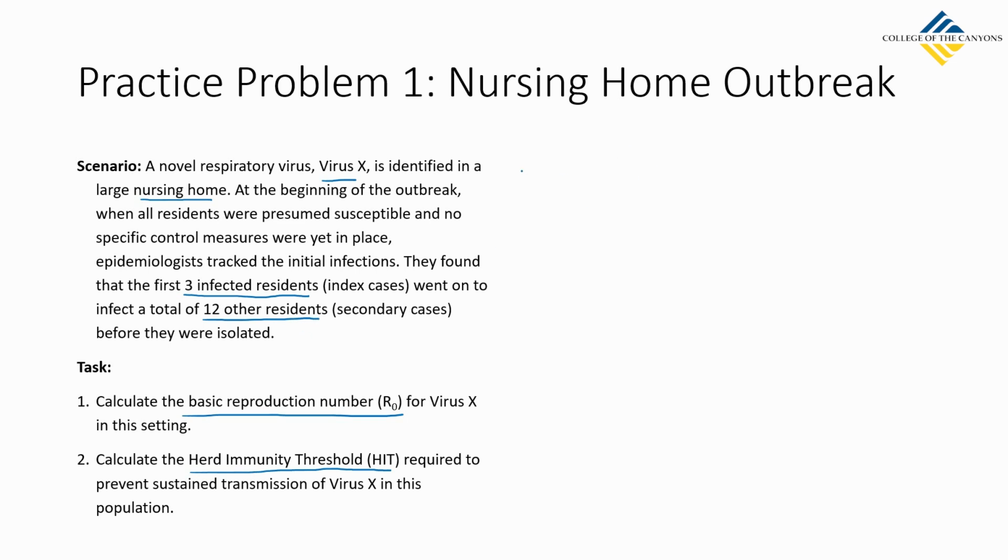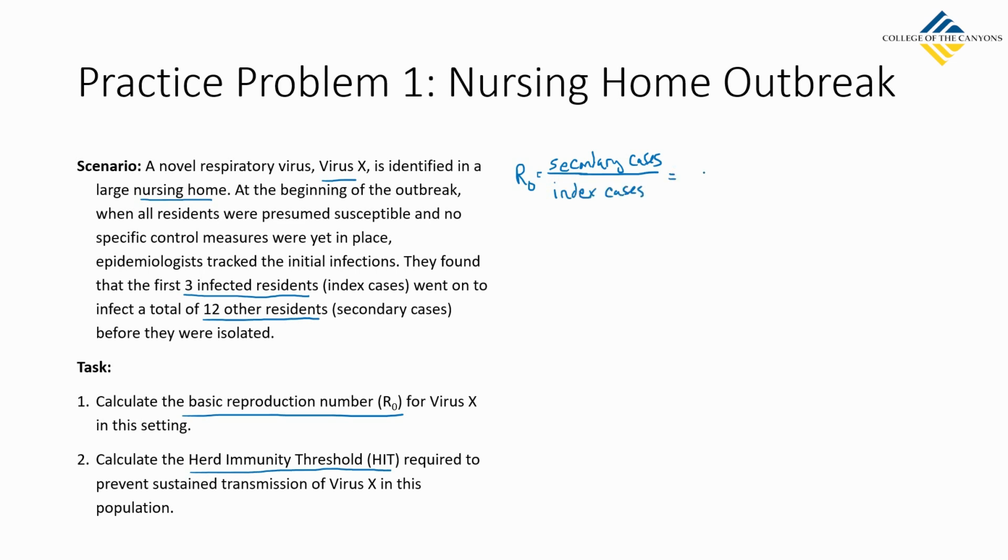So remember that R0 is, on average, how many people an infected person will give the pathogen to. In this case, we can think of it as the total number of secondary cases divided by the number of original cases, or index cases.